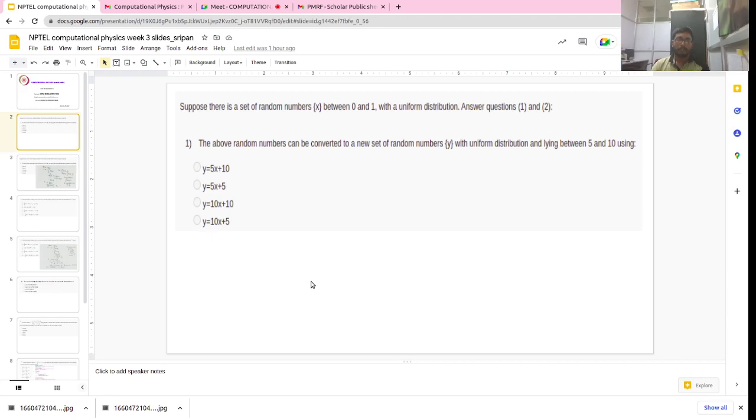Okay, so the question is that suppose there is a set of random numbers, say x, which will be between 0 and 1.